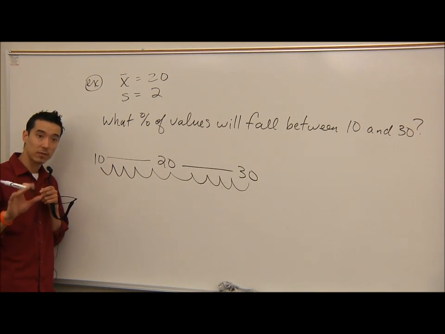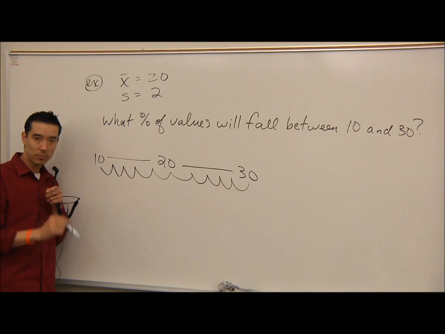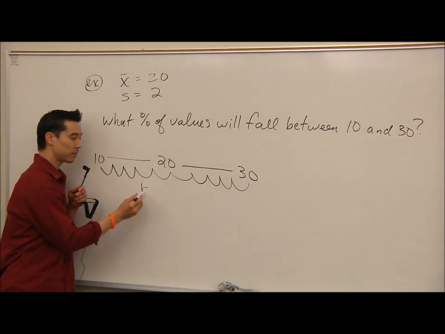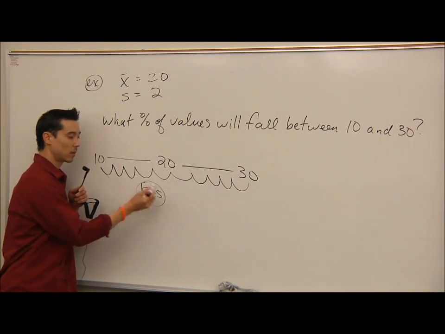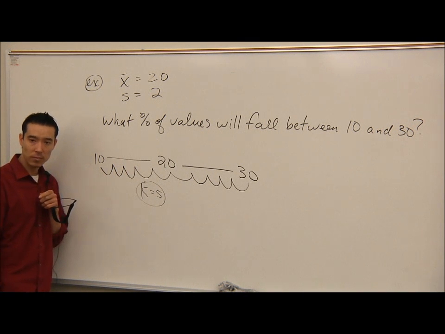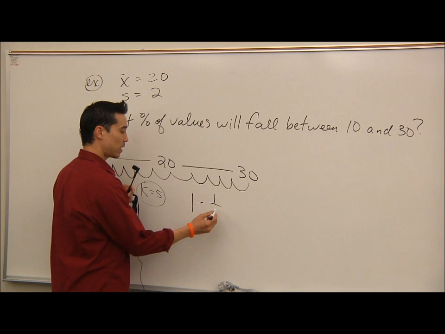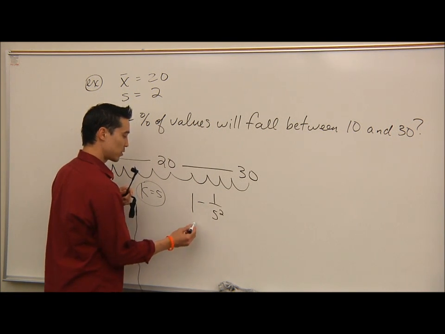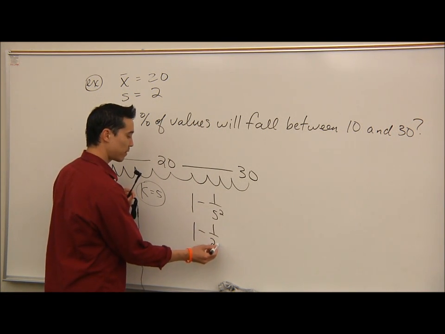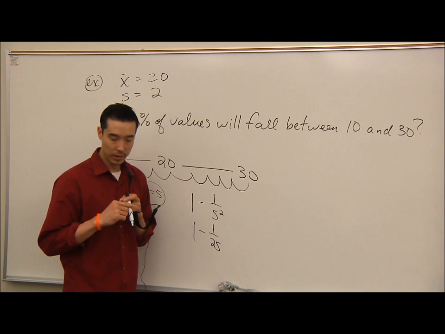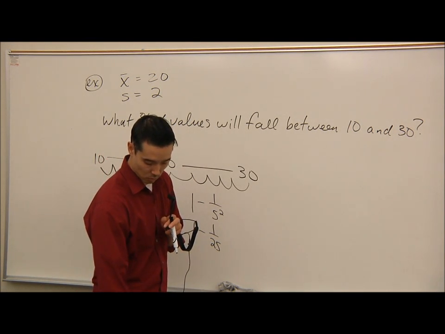It's 5, okay? So now I'm going to cue up Chebyshev's theorem. K is 5. And what does the theorem say? 1 minus what? 1 over 5 squared. So 1 minus 1 over 25. So we go to our calculators. 1 minus 1 divided by 25.